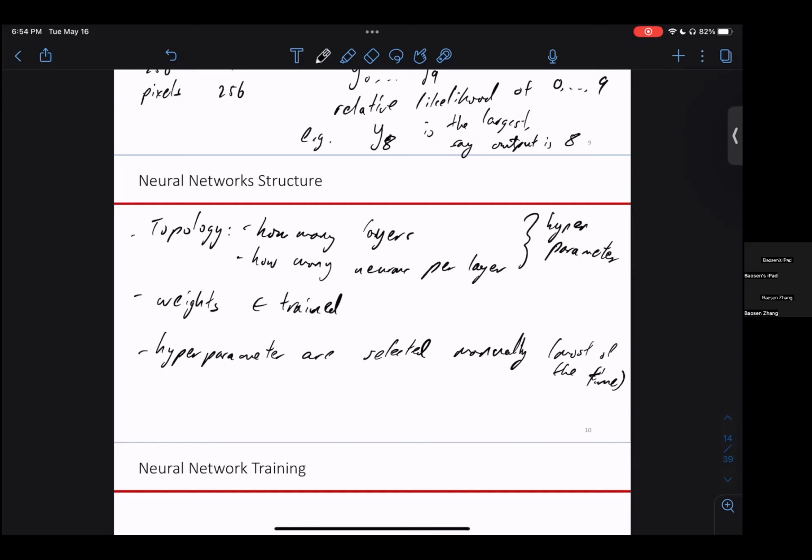So if you work on neural networks in real applications, most of your time is spent selecting this. You have to tell the computer how many layers I want, how many neurons per layer, what kind of architecture I want. Then it's automatic.